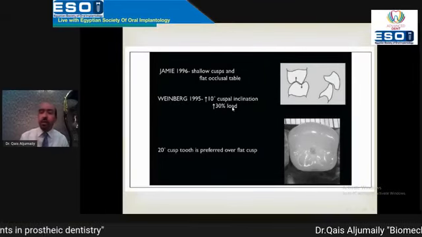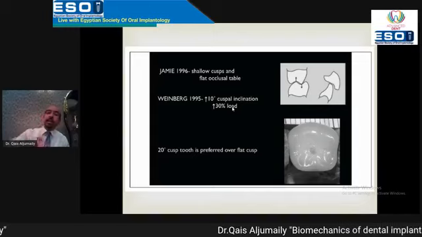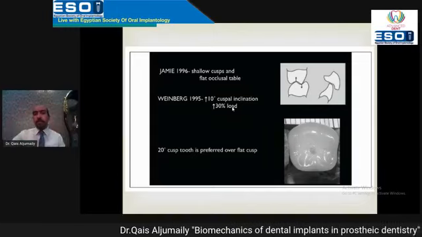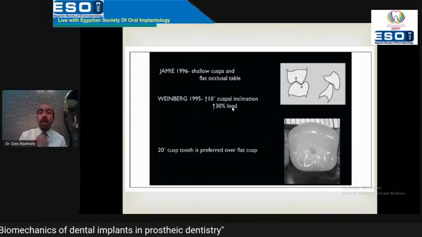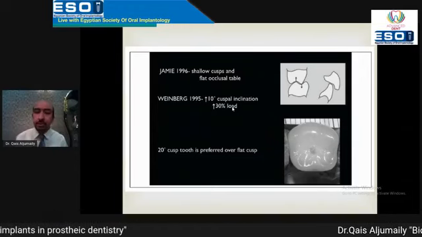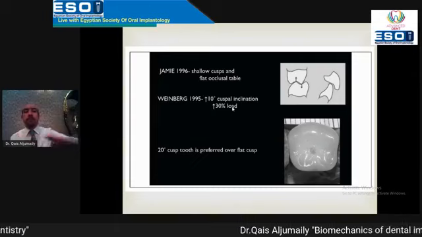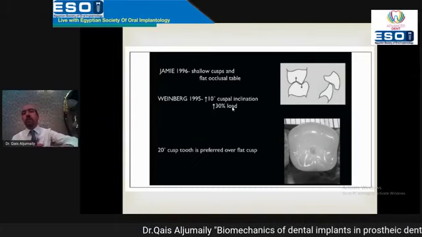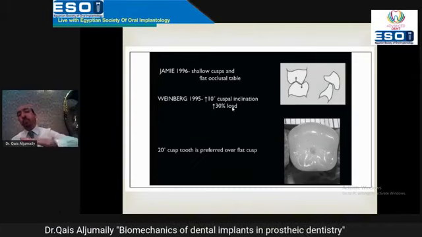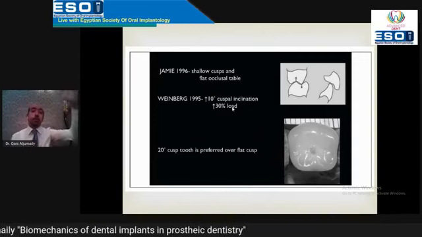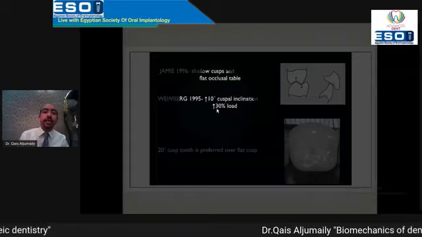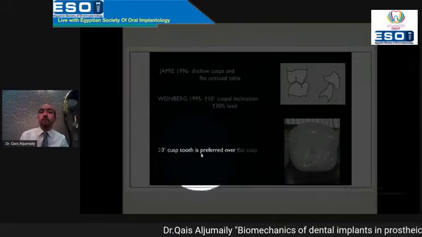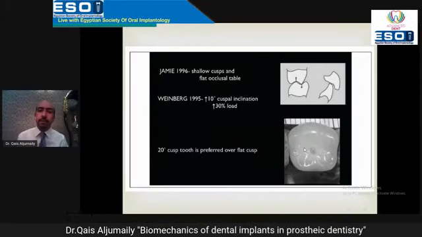That means a 10-degree increase of the cusp angulation will increase the amount of force by 30%. The most recommended principle here is not to make it very flat because there will be no efficiency in cutting and mastication, not too flat, and not a very high cusp angulation. They prefer to use a 20-degree cusp angulation or steepness for the posterior teeth.